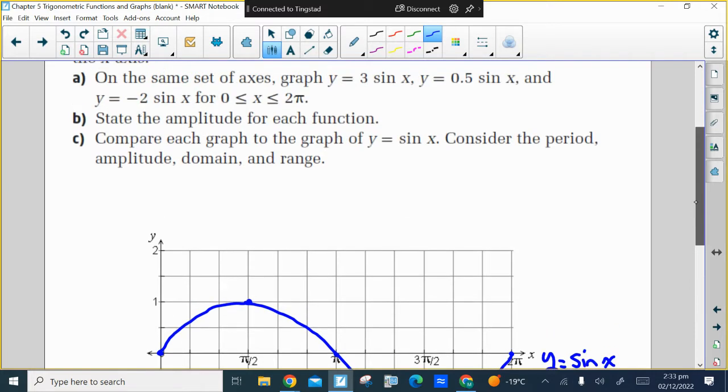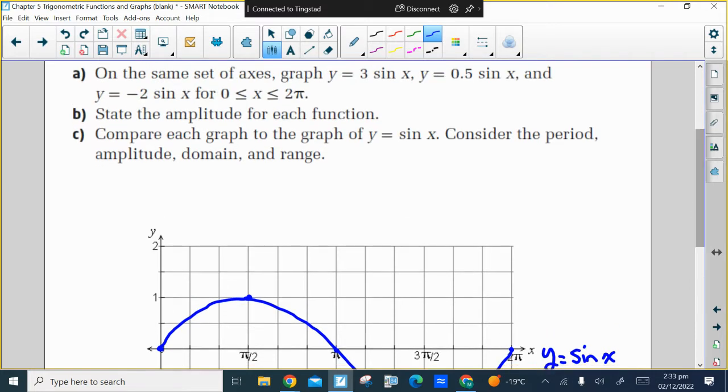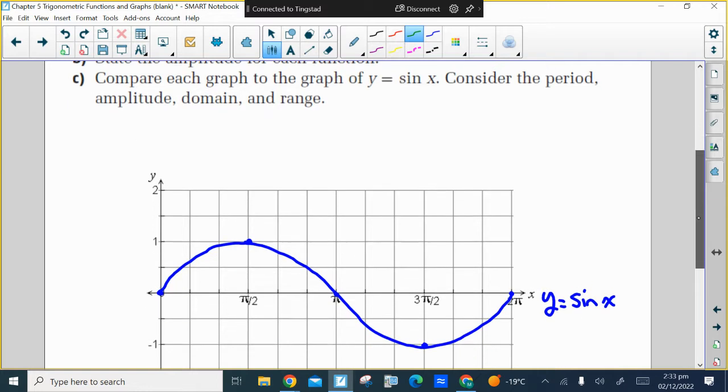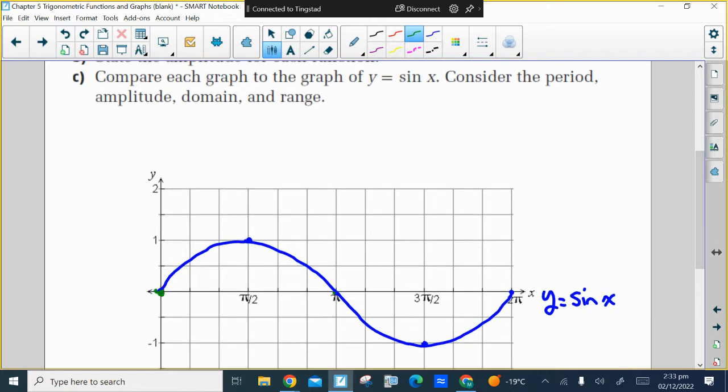Now, for y equals 3 sine x, that's an a value of 3. That causes a vertical stretch by a factor of 3. All the y values will get multiplied by 3. The x-intercepts will be invariant because the values of y there are 0. So multiplying the y values of 0 by anything doesn't change them.